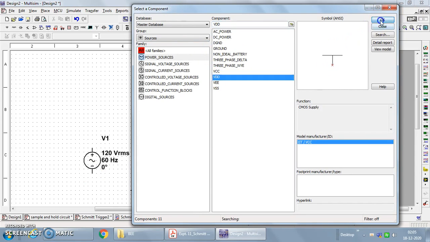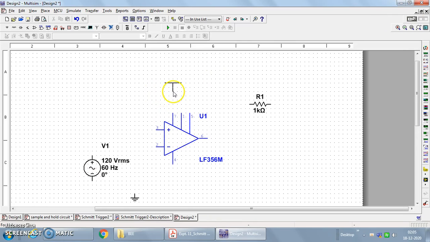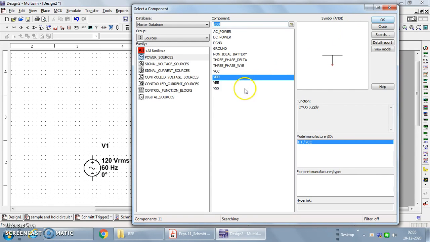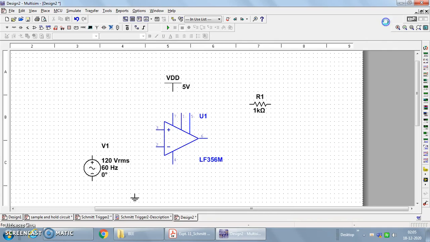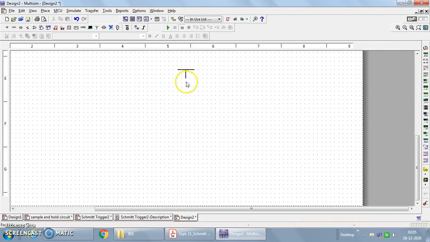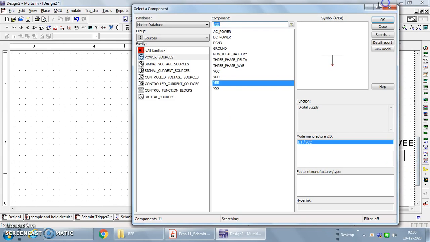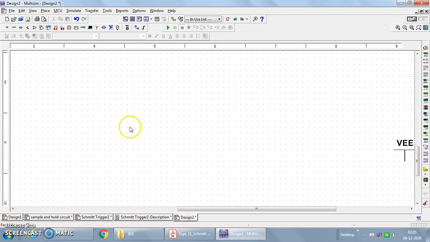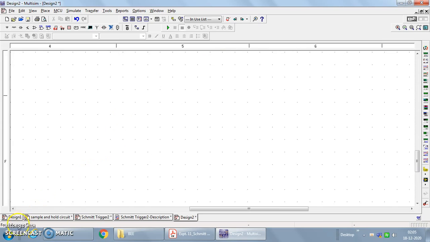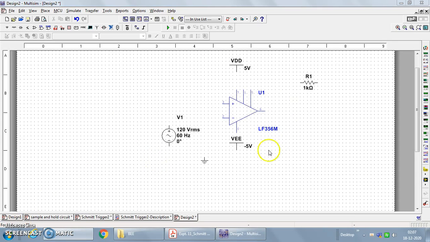Then a VDD voltage of plus 15, which is to be connected to pin 7, and one VEE of minus 15. We can then do the interconnection of all these components.